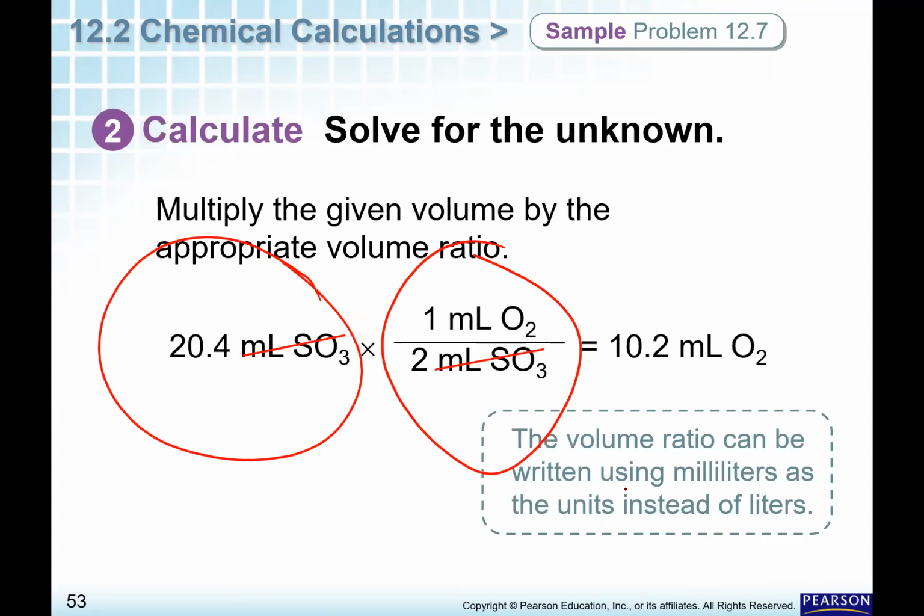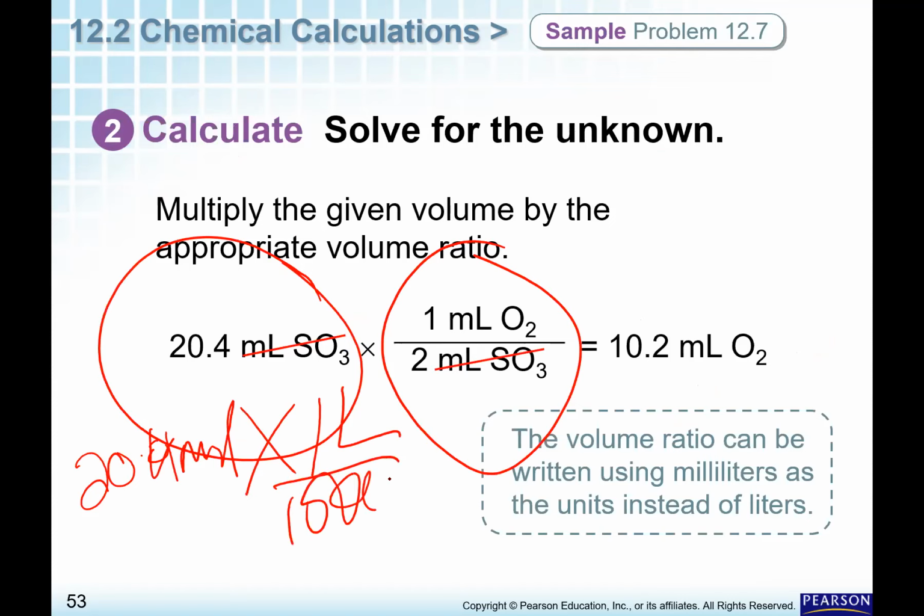You don't have to confuse yourself by doing the whole procedure. If you want to do it, first you take the 20.4 milliliters. To convert it to liters, multiply by 1 liter over 1000 milliliters.